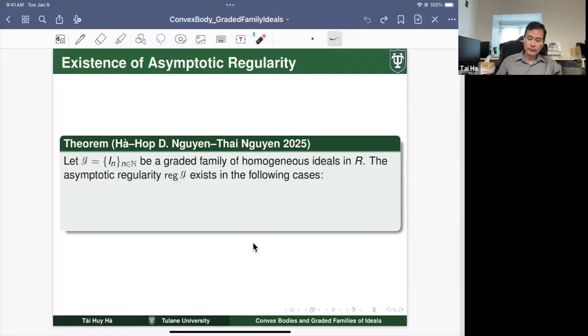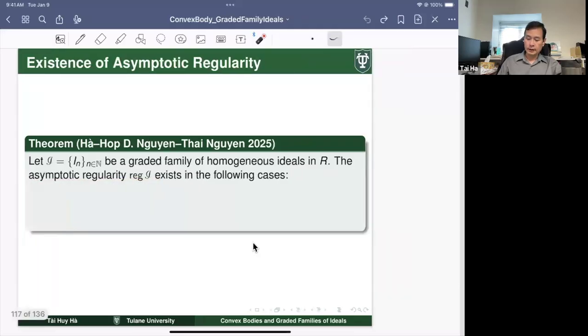So regarding the first question, in a recent paper that I wrote with Hop Nguyen, who's at the Institute of Mathematics in Vietnam, and Thai Nguyen, my former student, we proved that if we start with any graded family of homogeneous ideals, then the asymptotic regularity exists in the following cases.